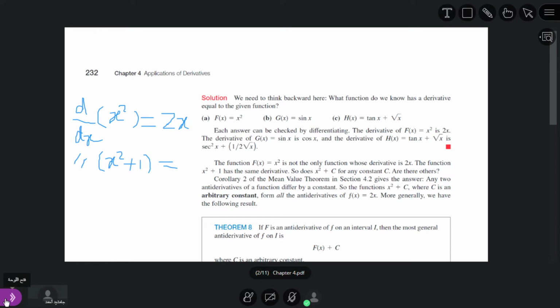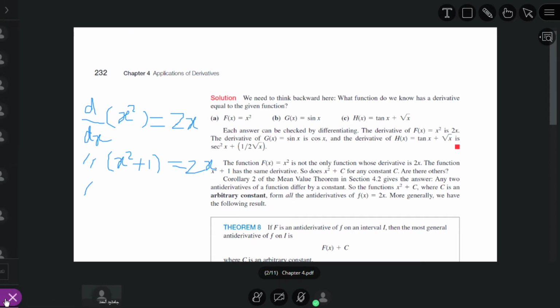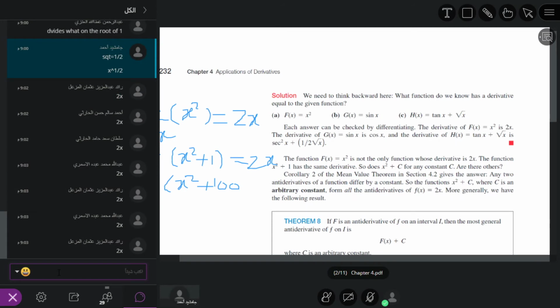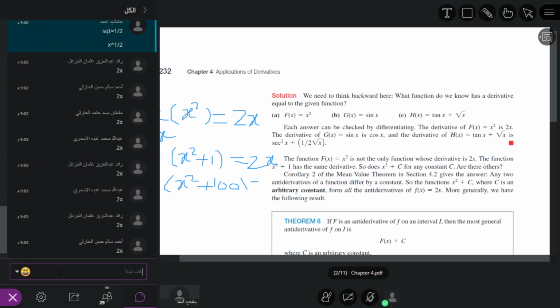Yes, 2x, no change, the same. If I put x square plus 100, what will be its derivative? Yes, 2x, no change.